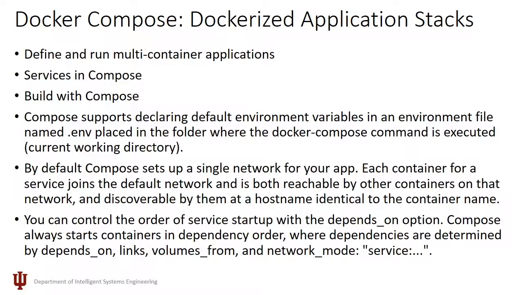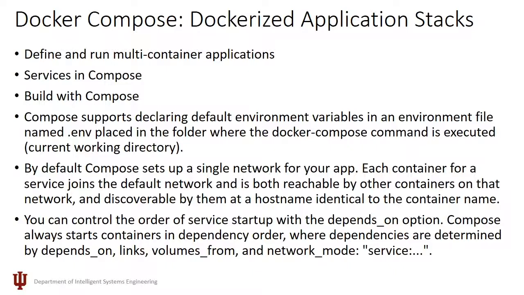And it supports a declarative feature for the default environment variables through, for example, a file called .env that you can place into your directory, where the Dockerfile is also located. By default, Compose sets up a single network for your application.